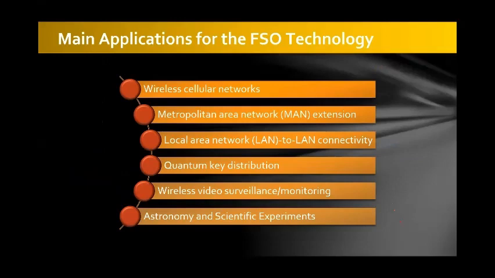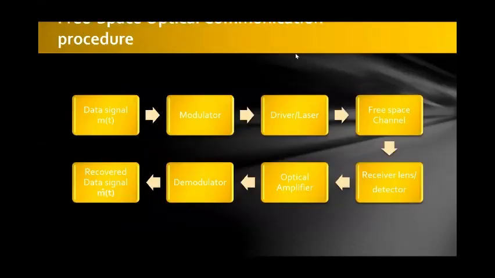So here we will discuss the main applications for the free space optical systems. We will discuss the process of transmitting a data signal MT through an optical channel, an optical system, starting from the first step until we get the recovered signal.